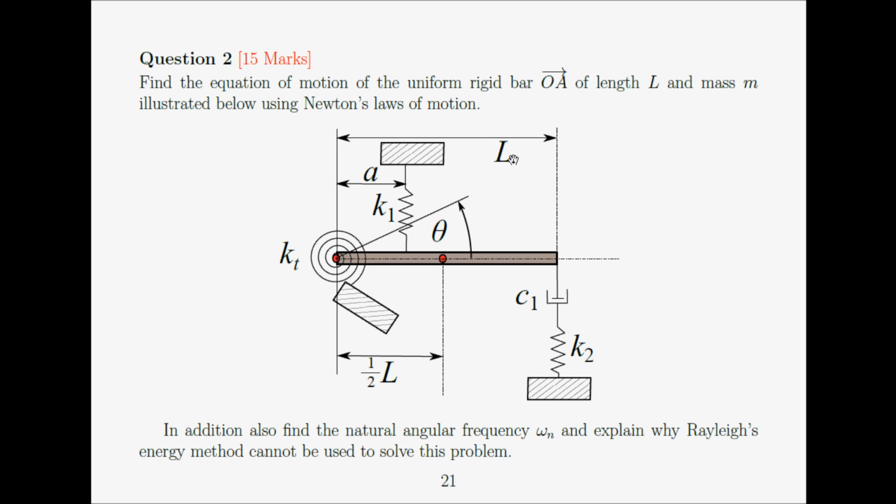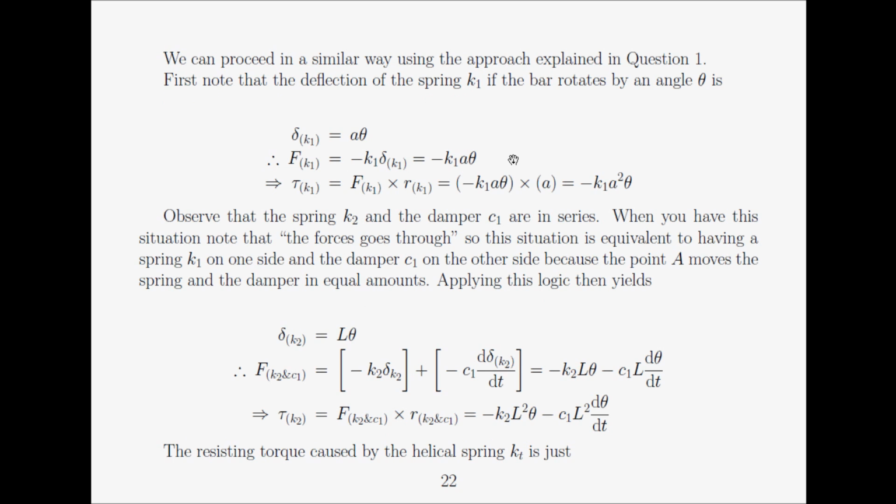It will stretch the spring by this amount, and it will also induce a velocity in the damper by the same amount. So we then apply vector superposition. We work out the force due to the combination of the spring and the damper, and we take this force, we multiply it by the moment arm, and then we work out the torque due to the effect of this spring and damper.